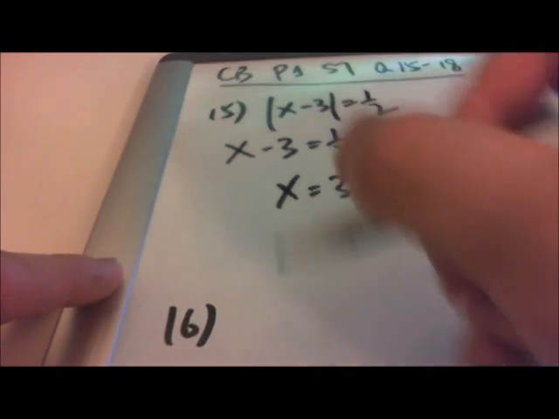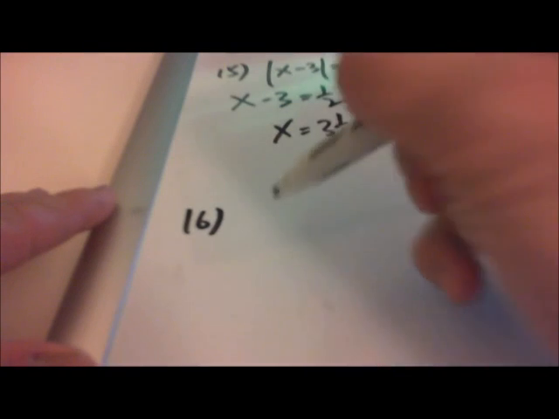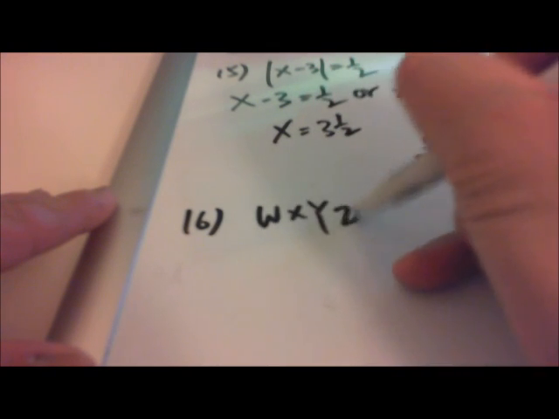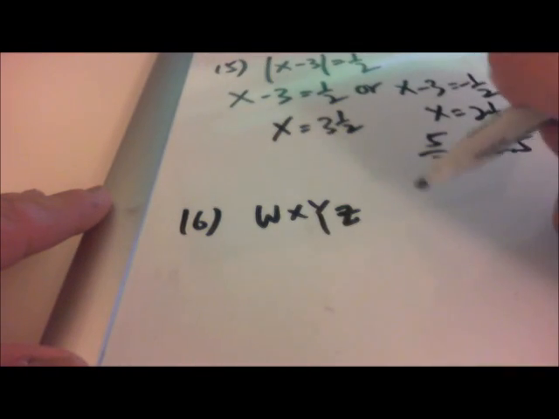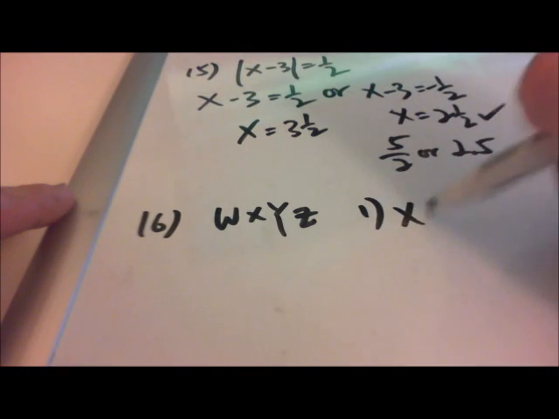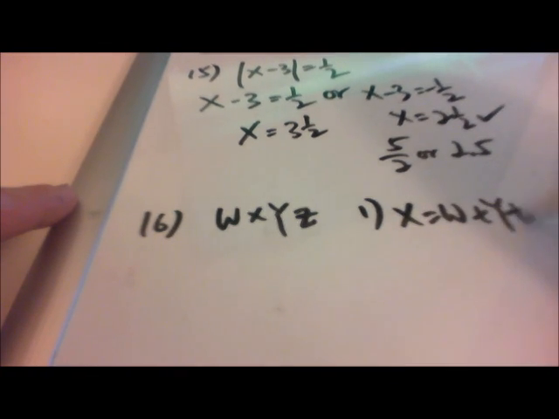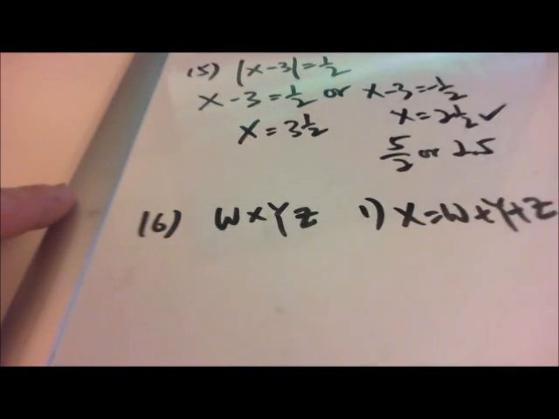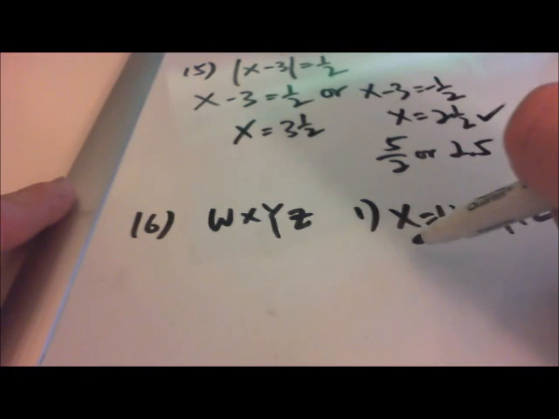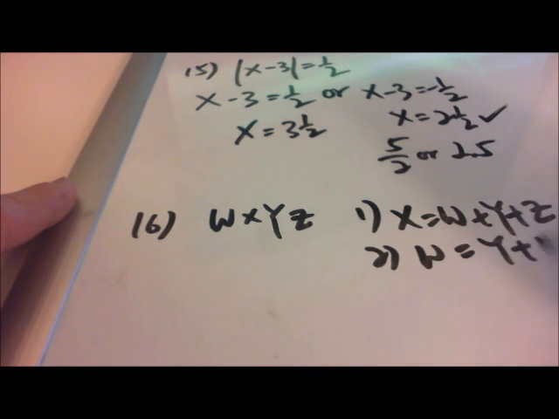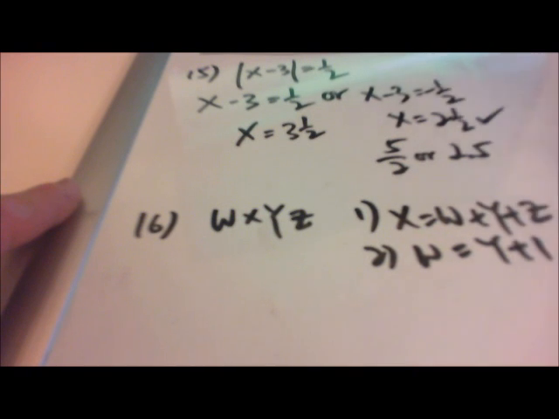16, they say that W, X, Y, Z are 4 different digits, and they follow these rules. First, x equal to w plus y plus z. If they are all 4 different numbers, x can be any number, depends on what you have. Number 2, w equal to y plus 1, so w is y plus 1.